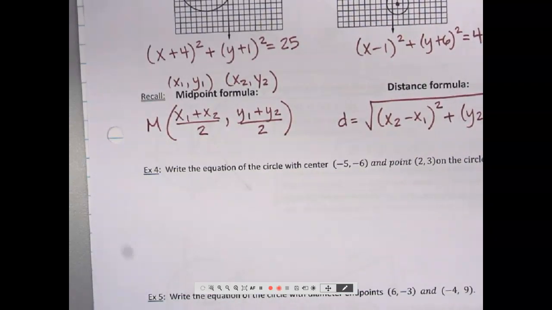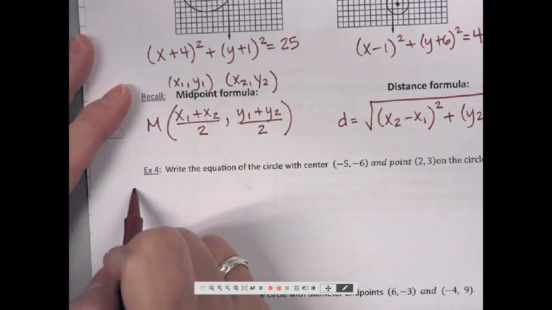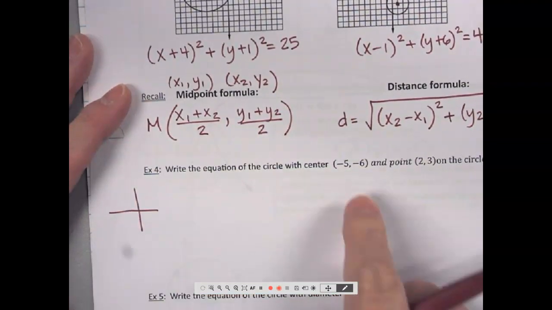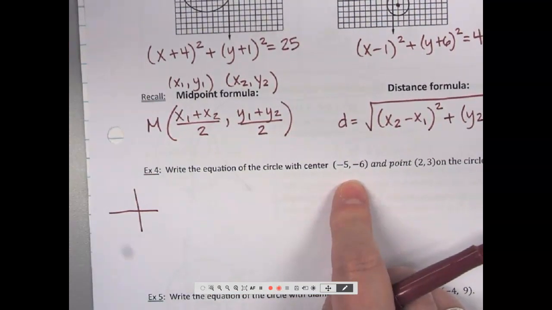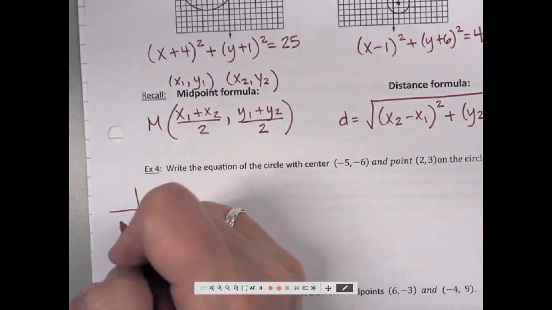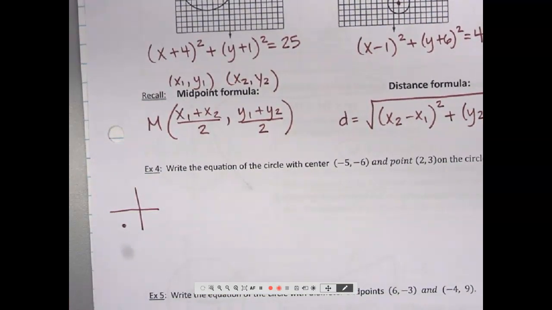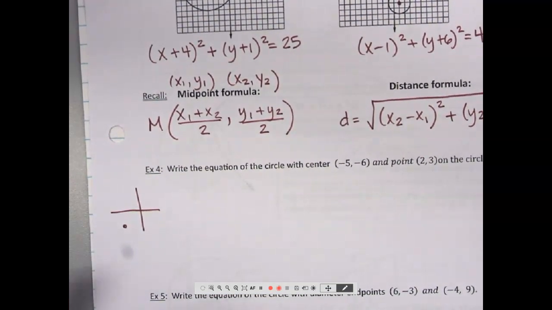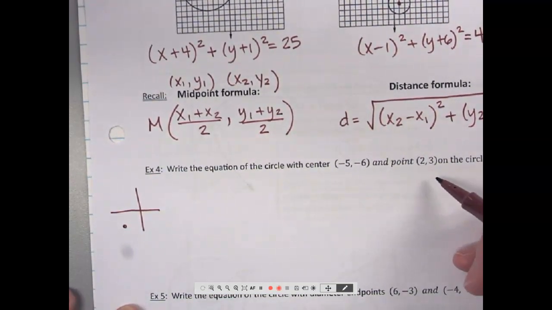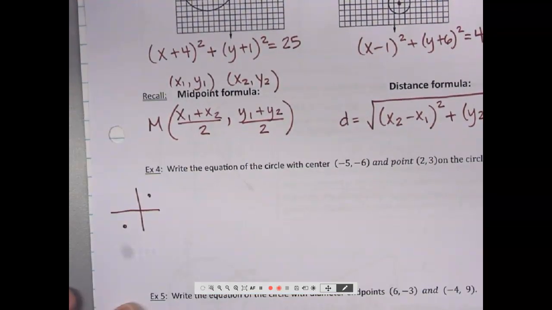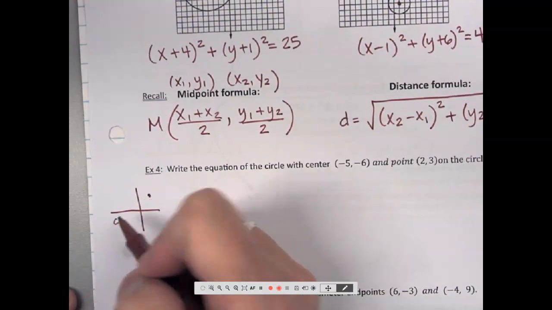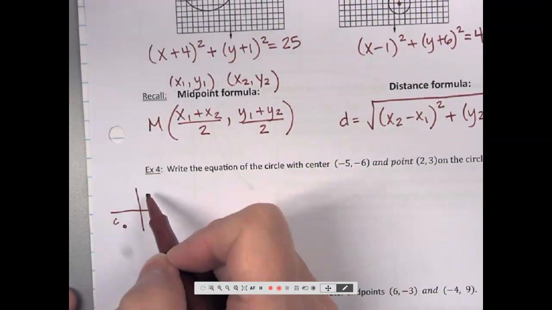Okay, now I know I didn't give you a graph, but just sketch a rough sketch. If I plot -5, -6, which quadrant is that in? Third quadrant. I'm just going to plot it somewhere, not even really accurately, but if I plot 2, 3, then that's somewhere up here, right? Okay, so this is the center. This is on the circle.